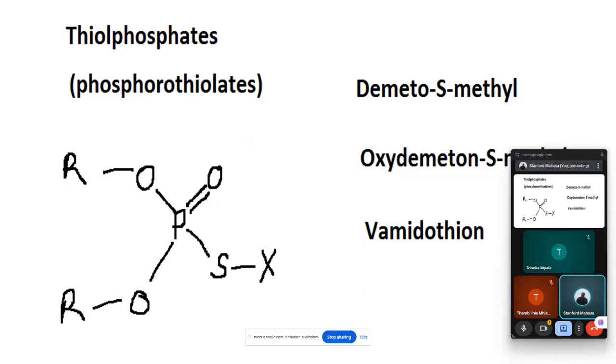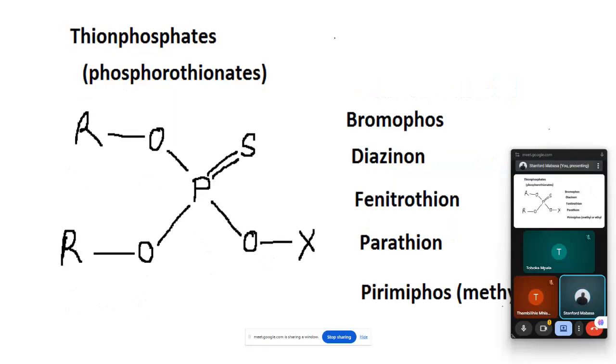We also have the phosphates or phosphorothioates. If I can move back, can you see where we have the sulfur there on the thione phosphates?